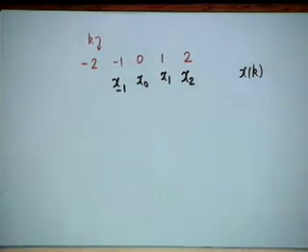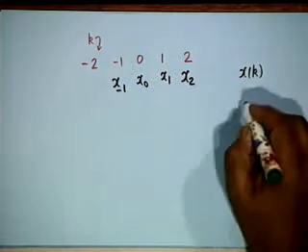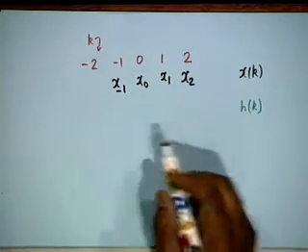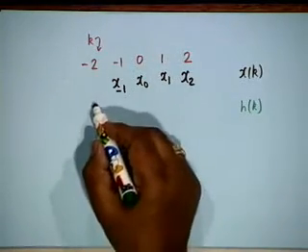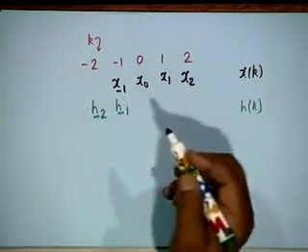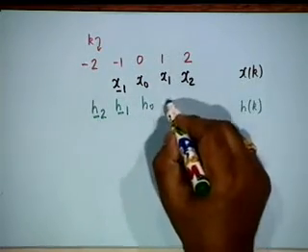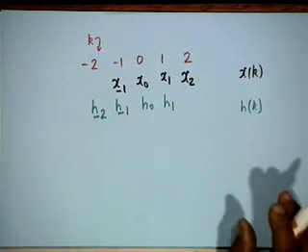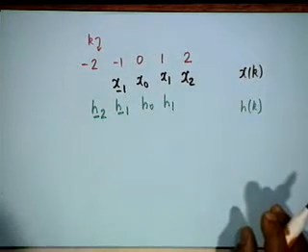Then my h of k, to bring variety into experience, let us say h starts from here, minus 2, minus 1, h naught and h1. Suppose this is my h of k. I am taking two finite signals. Okay.